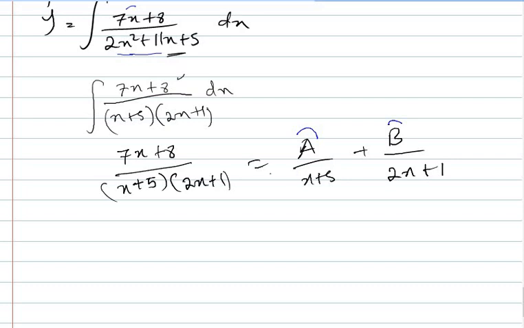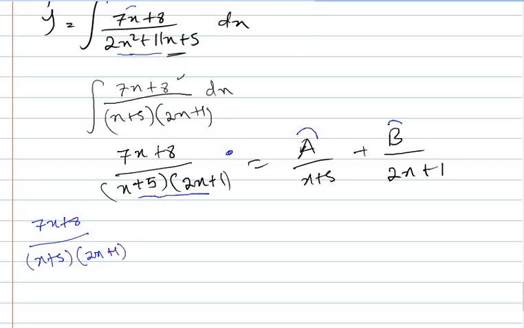To clear the fractions, we multiply the whole thing, that's (x plus 5)(2x plus 1), through the equation. So we have (7x plus 8) over (x plus 5)(2x plus 1), and we have to multiply through by this.